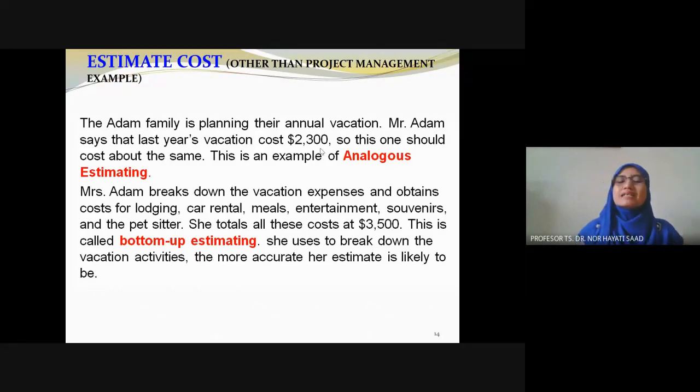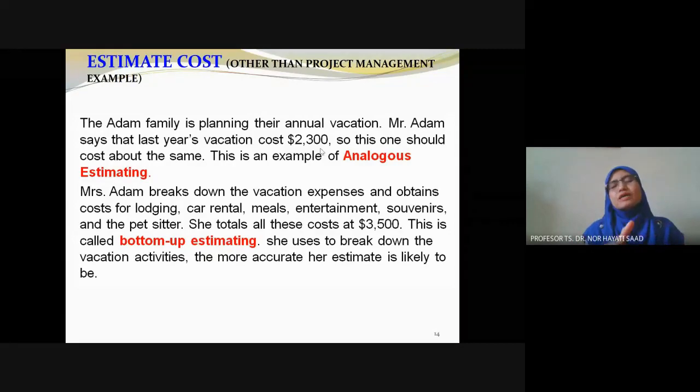You need to calculate the value of money from the previous one until now, make some logical decisions based on the analysis estimation, and put in some factor so that you can use the same idea of the cost based on the historical data. Of course, at least you can have some estimation from the previous one. And the second approach is bottom up estimate.